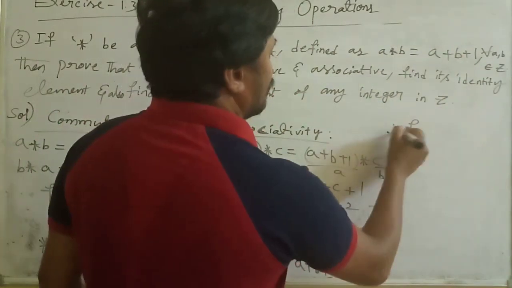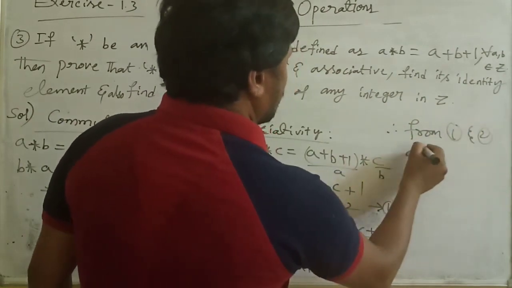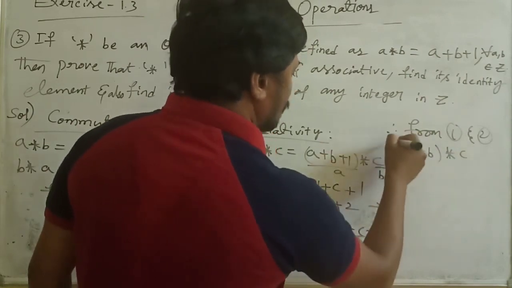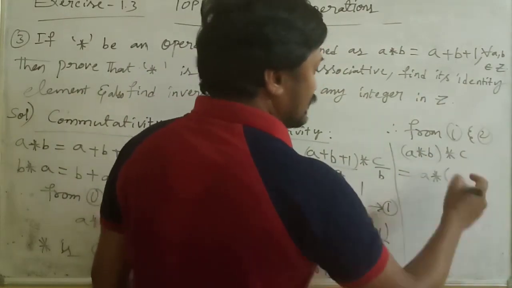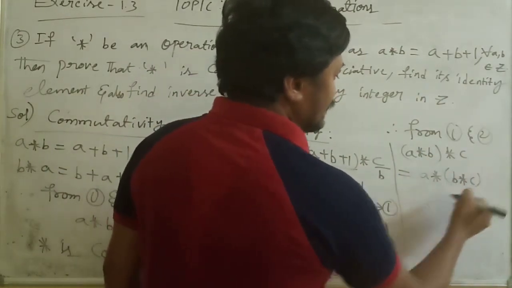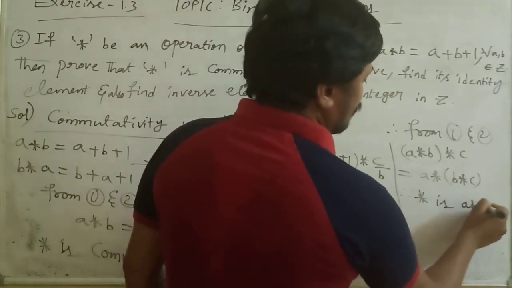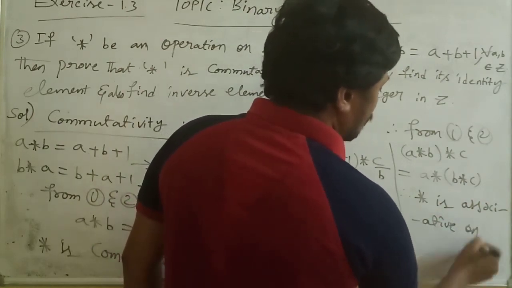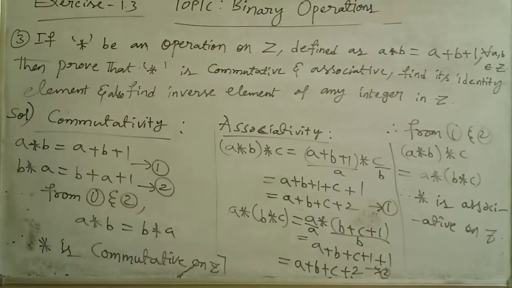So therefore from 1 and 2, A star B star C, we can write this equal to A star and then B star C. Therefore star is associative on Z. So this is about your associativity and commutativity.